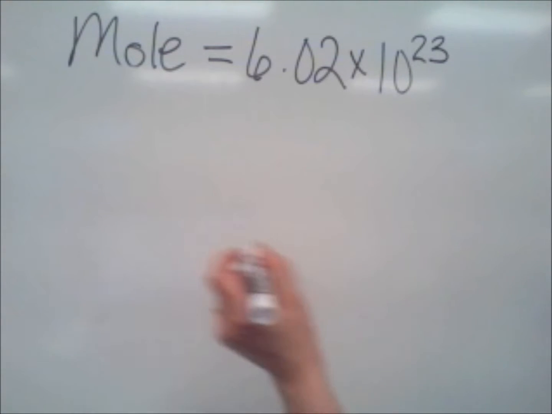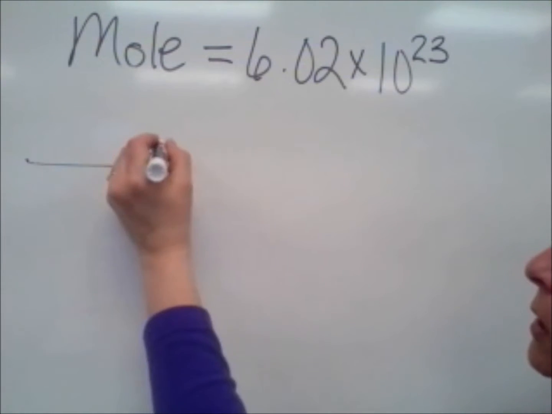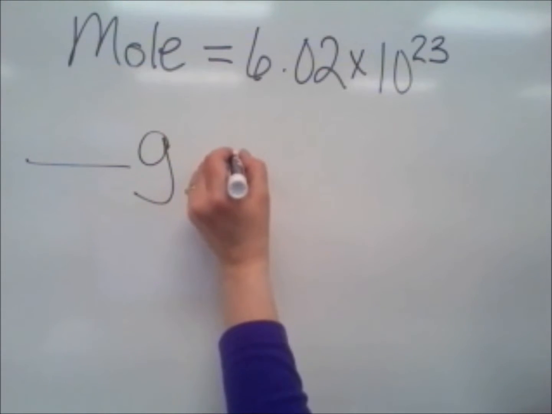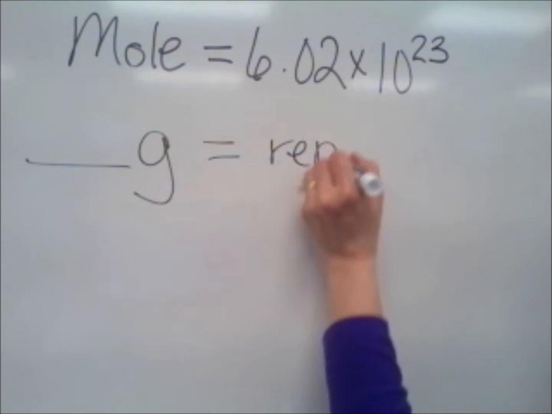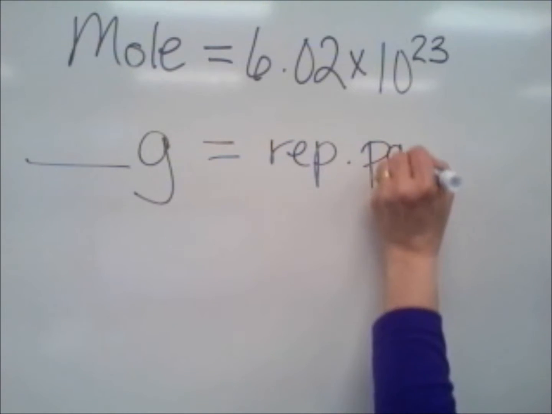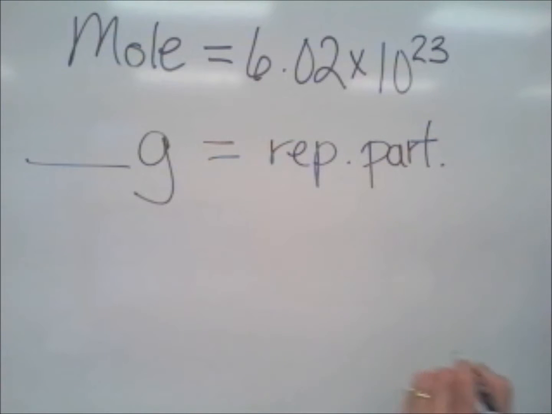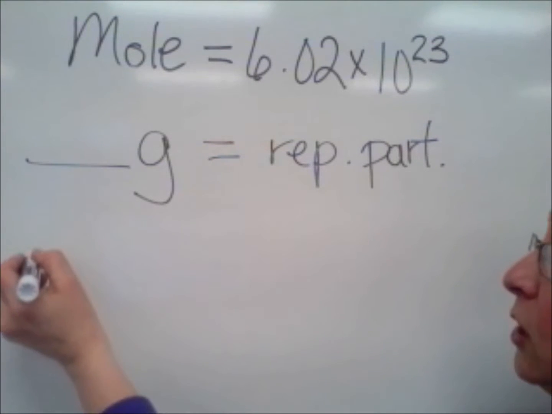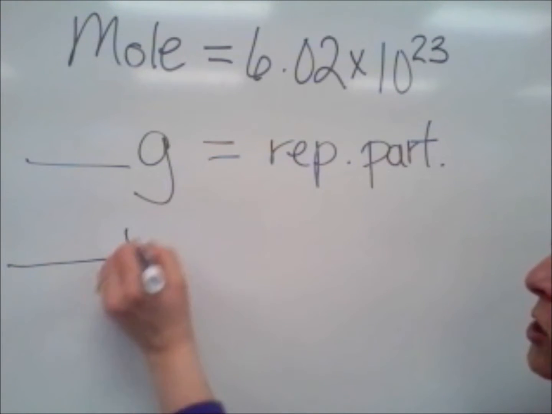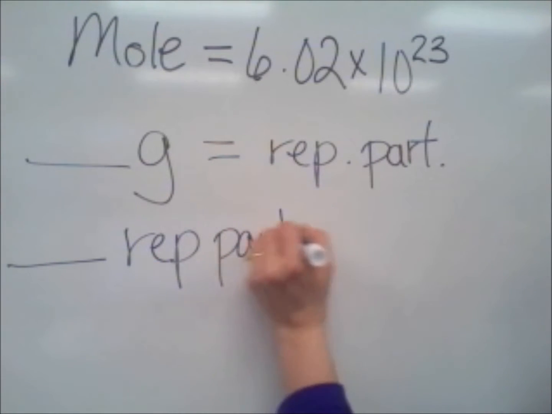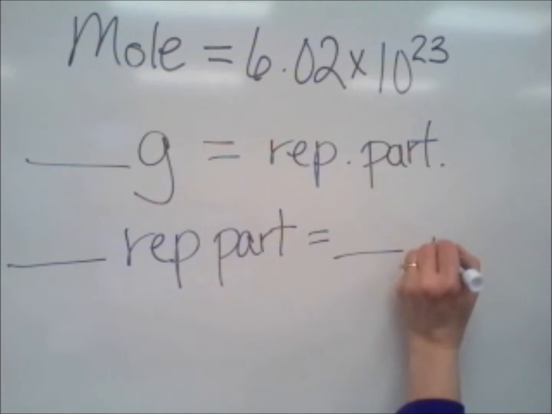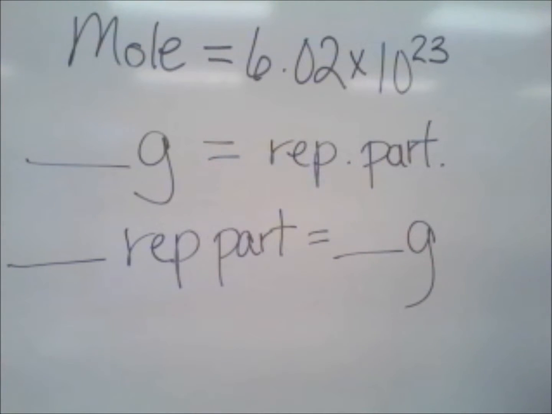Well, if we have X amount of substance in grams, we're going to be able to find out how many representative particles are in that amount of substance. Vice versa, if we have a set amount of representative particles, such as atoms, we can also figure out how many grams of that particular substance would be found in that many particles.